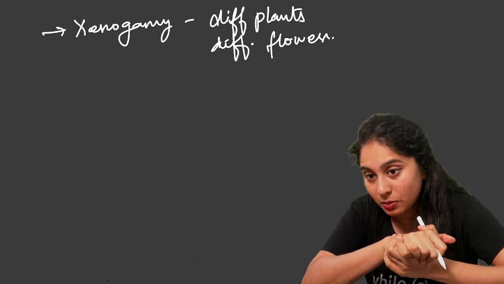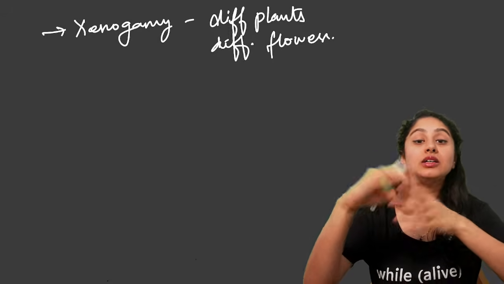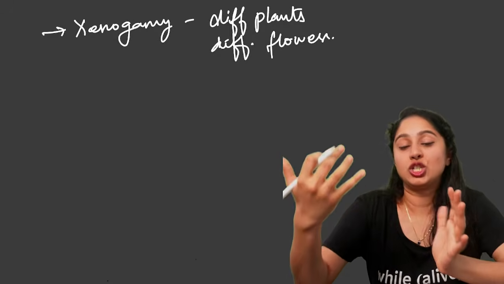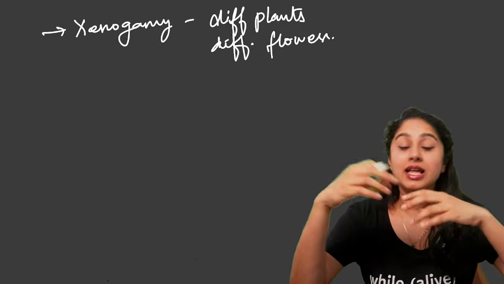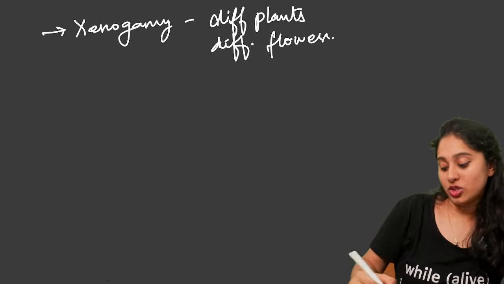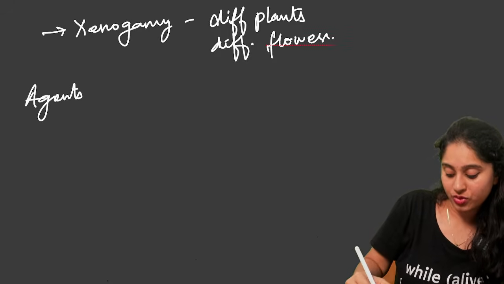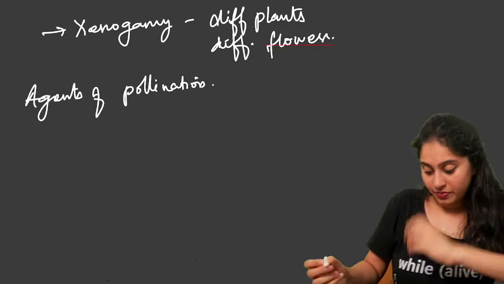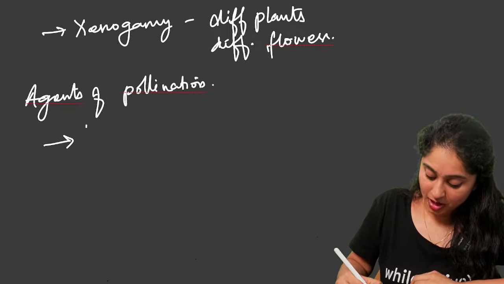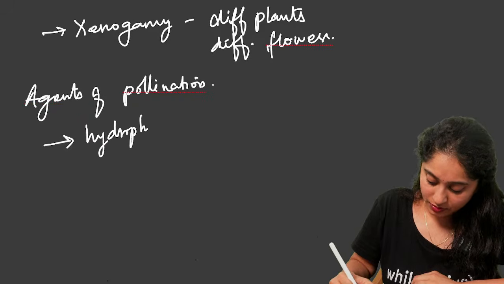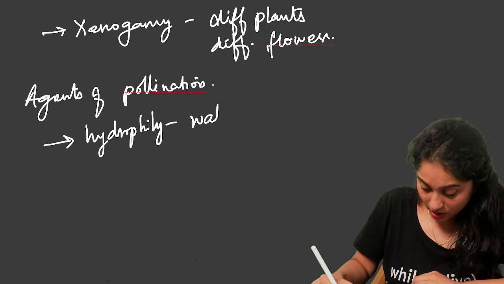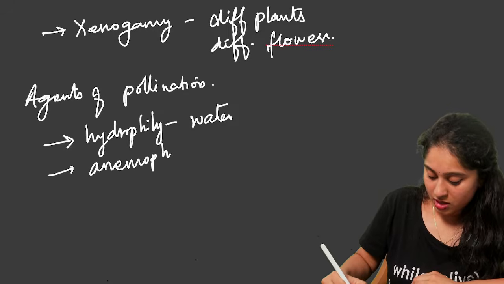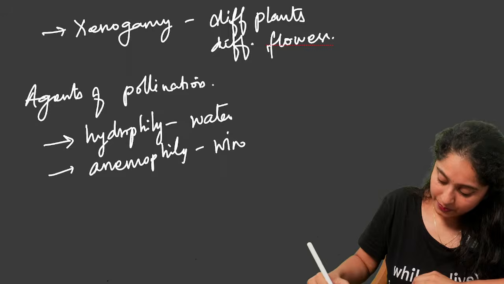Is that clear, everybody? Now, when you look at the modes by which this pollination can happen, there are a lot of means. So who are the agents of pollination? We have hydrophily, which is through water. Then we have anemophily, which is by wind.